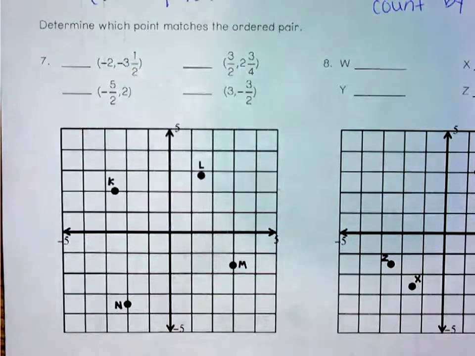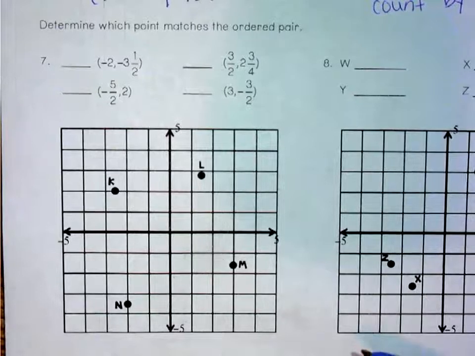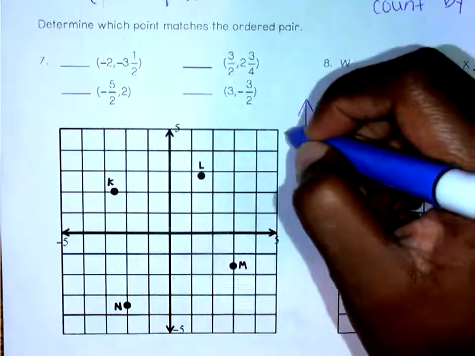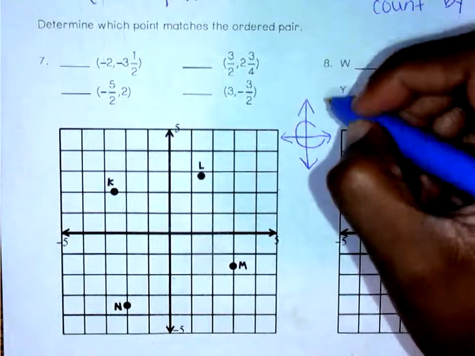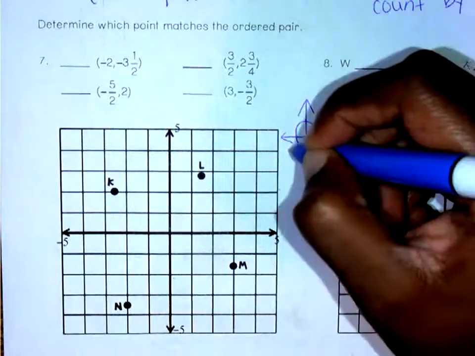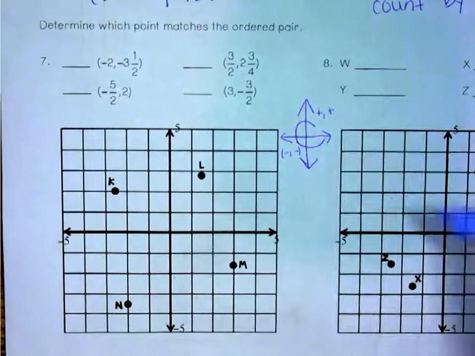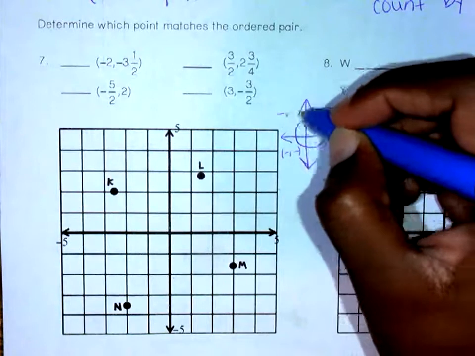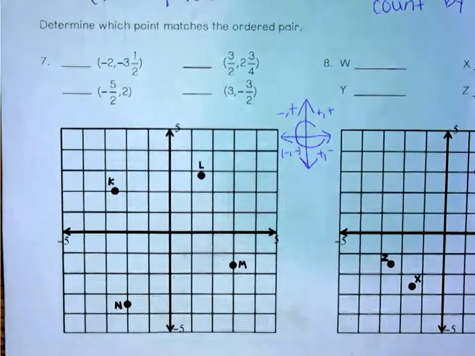Earlier on Monday we took notes to see what quadrant it would be, and you remember we had the little chart like this, and you made the C. I know that this is positive and these both are negative. On the other ones, I know that this X value is negative and the Y is still positive, and this one is positive and negative. This will help you go a little bit faster.